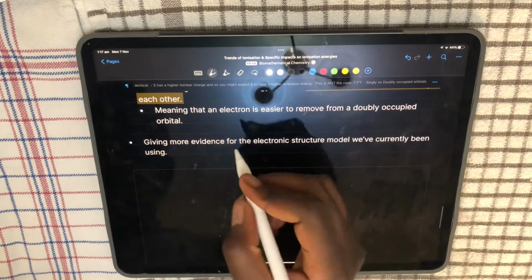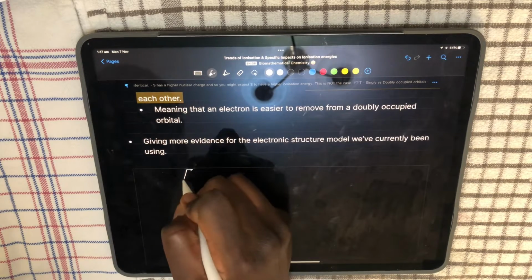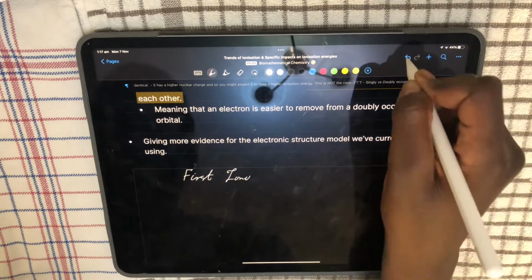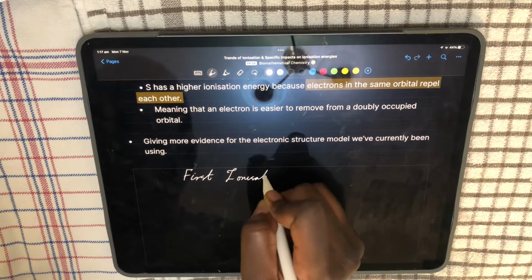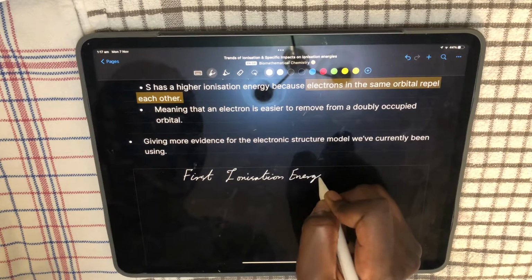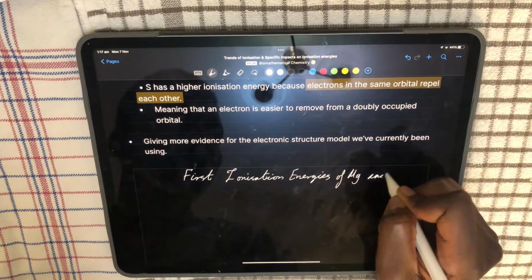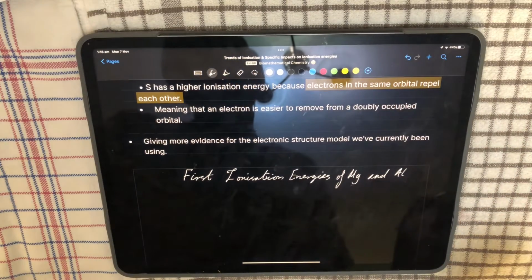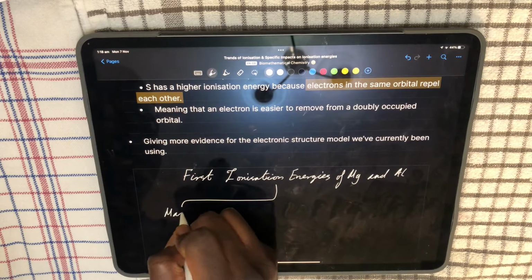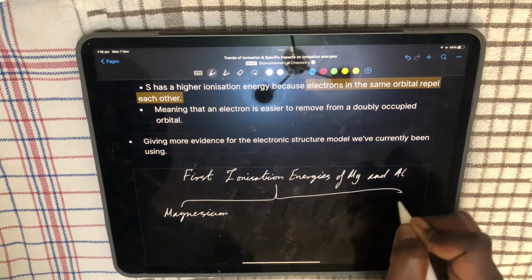So to sum up this entire video, the first ionization energies for magnesium and aluminium.